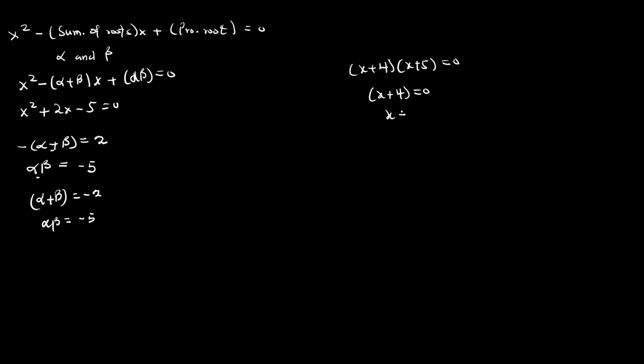So we are going to get x plus 4 is equal to 0, x is equal to negative 4, right? This negative 4 is one of the roots. The other one is going to be x plus 5 is equal to 0, x is equal to negative 5. This is another root. So when we talk of roots, these are the results after solving a quadratic equation.